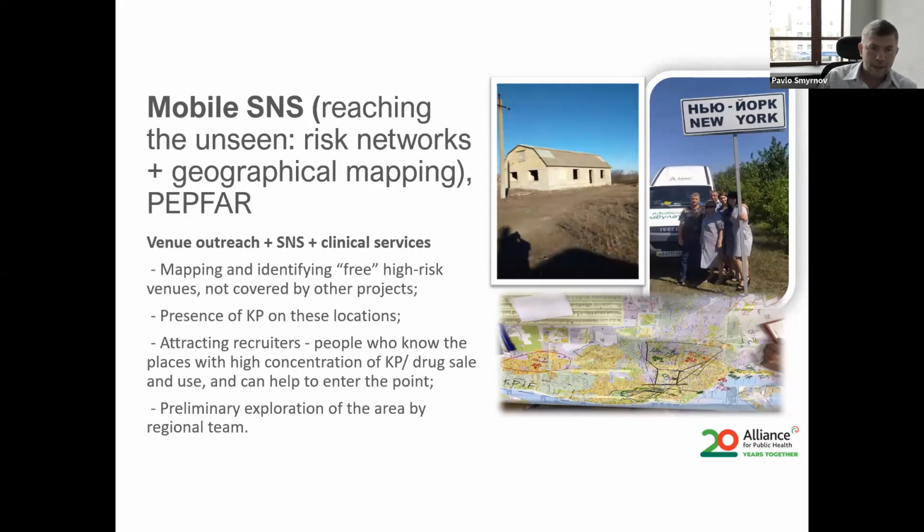So we can bridge this gap by using mobile vans, and they combine venue outreach and social network strategy, plus they provide clinical services in the van, like testing of HIV, HCV, TB screening. They can also provide ARV drugs in the van, and we also refer people to PrEP and methadone therapy.